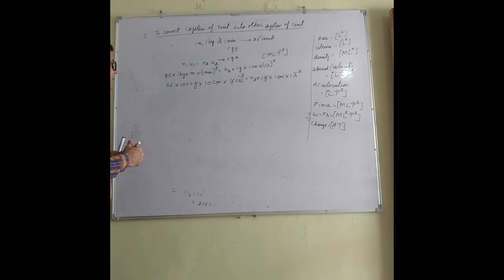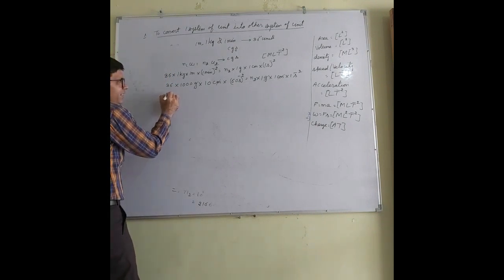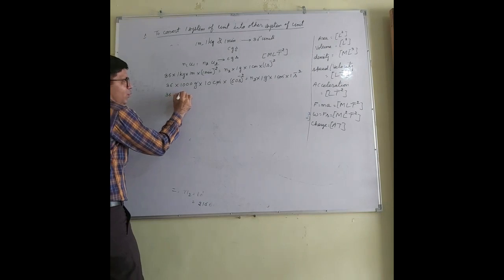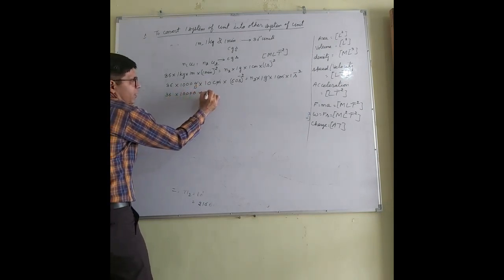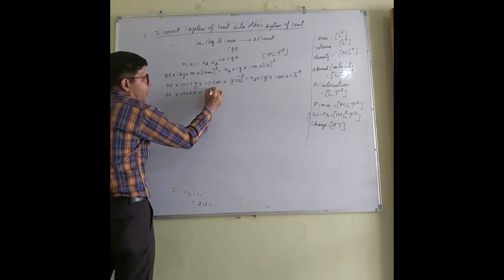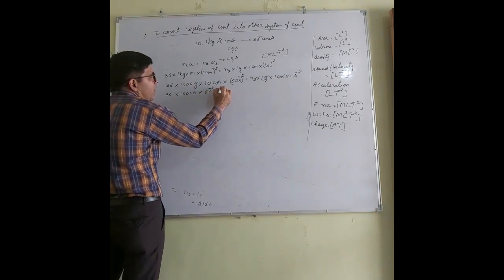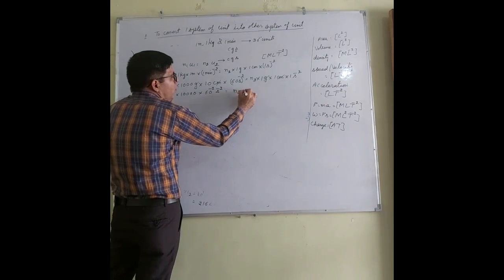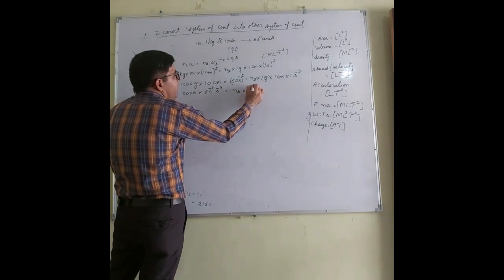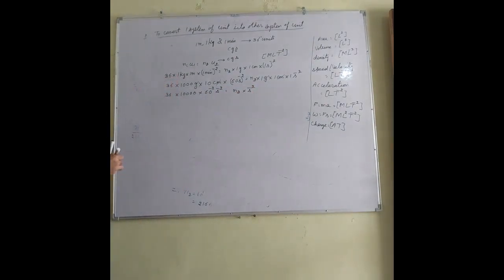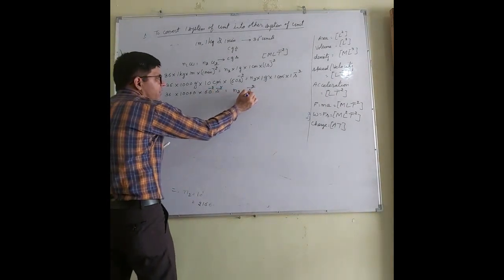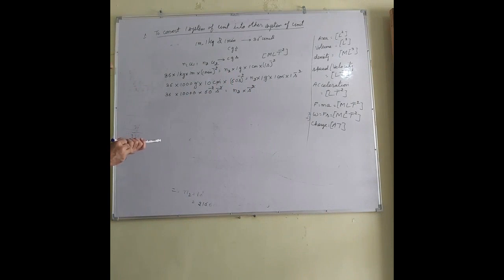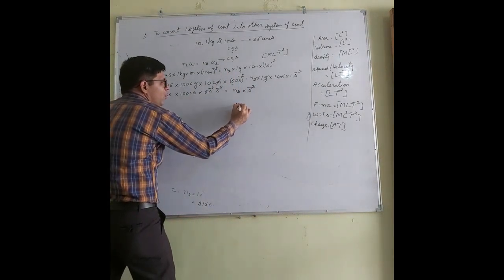So it is 36 into 10 for this. Let me open this: 60 to the power minus 2 second to the power minus 2 and 2 multiplied by second to the power minus 2. Again, second to the power minus 2 is common on both sides, so it would be cancelled. So how much did I get? I got this, so this is N2.